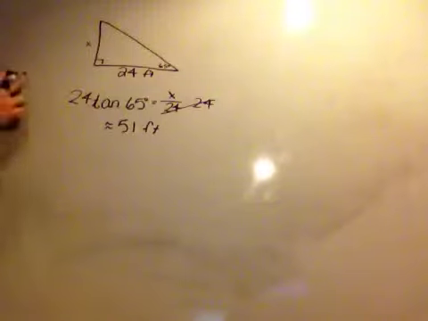Okay, so then the final example is using a special right triangle. So these you're not going to use the calculator on, because you want to get the exact value. You could find it on the calculator on this one. A lot of the special right triangles, though, have square roots, so you have to be very careful.